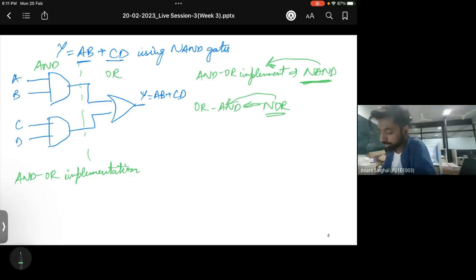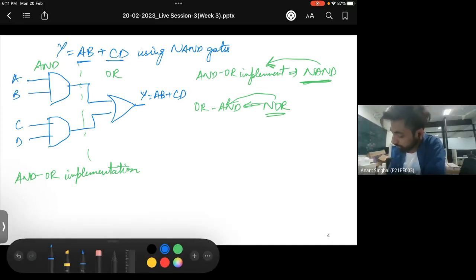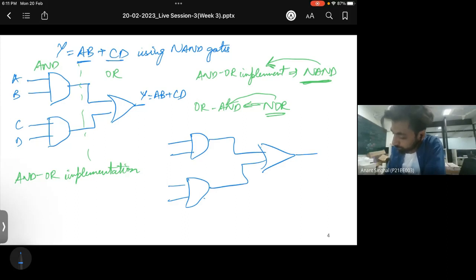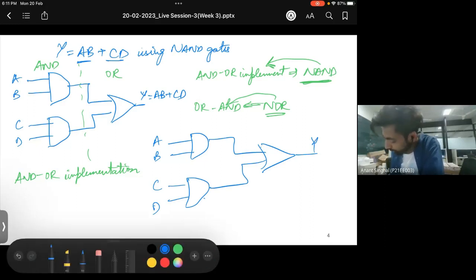In this question, you have already been given an AND-OR implementation. So first you will just make the circuit. I'll make it again. This is right. Now you'll see the beauty of this.